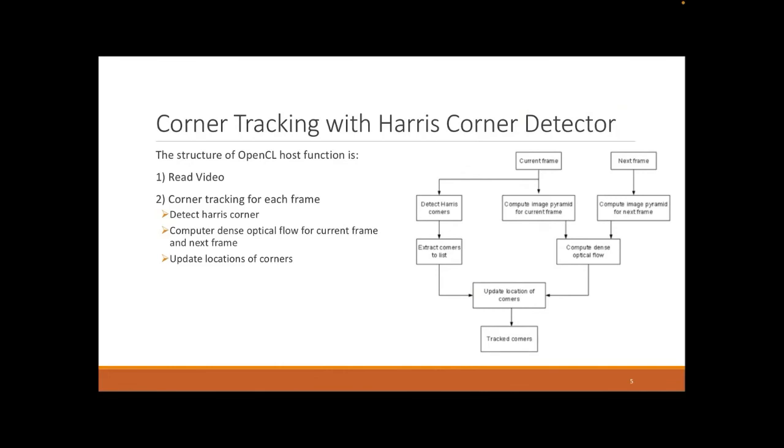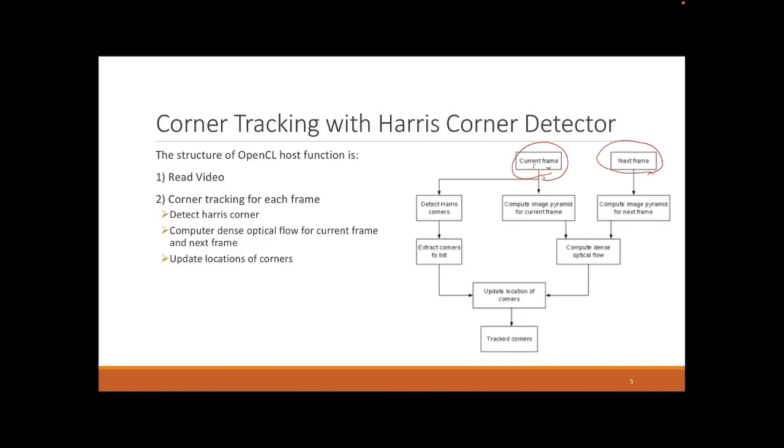Okay, so for this application, we use an example from the Vitis library, and the example shows how to use optical flow to improve corner tracking. So here's the architecture, because we want to do corner tracking with the Harris corner detector. On the right part here is the current frame, and here is the next frame.